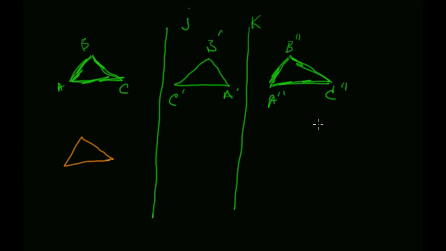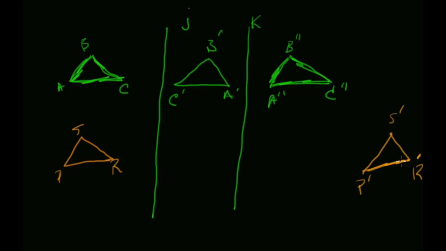Now, what if I said, let's take P, S, R, and reflect it over K first? If I reflect over K, I'm going to end up way out here, with R here, R prime, P prime, and then S prime up here.